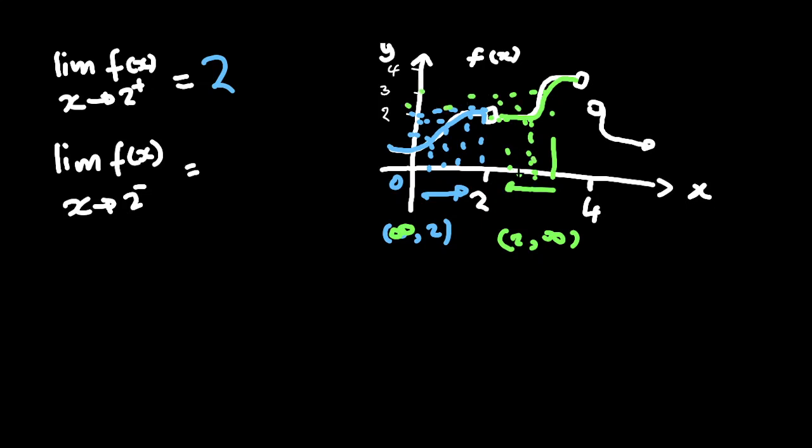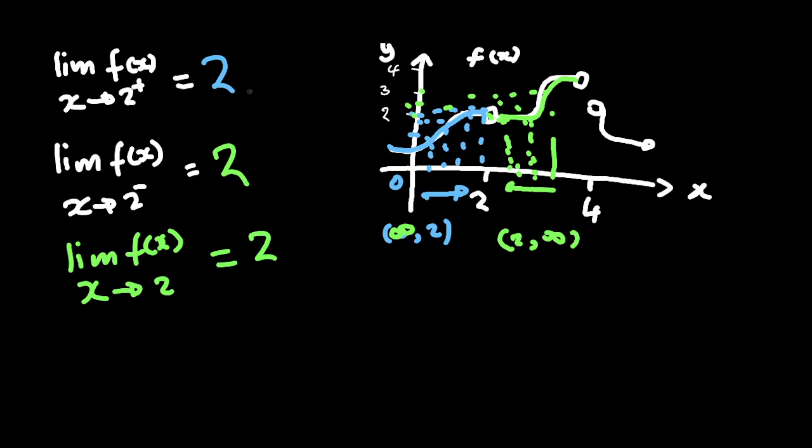If you see, as x approaches 2, f(x) also approaches 2 on my y-axis. So I will have 2 here. f(x) will be equal to 2. So I can then conclude that the limit of f(x) as x approaches 2 is 2, based on my side limits, which are equal.